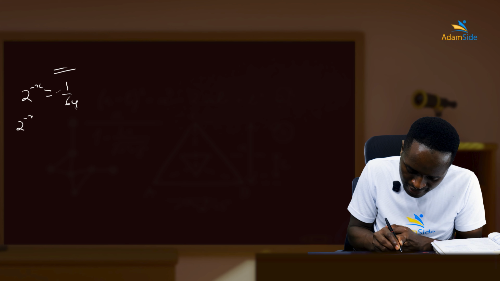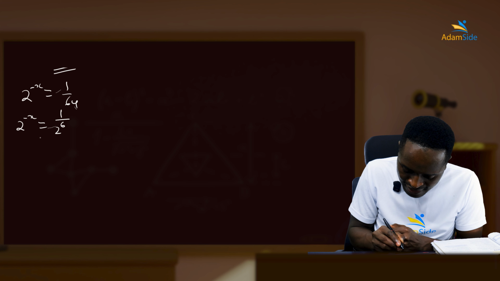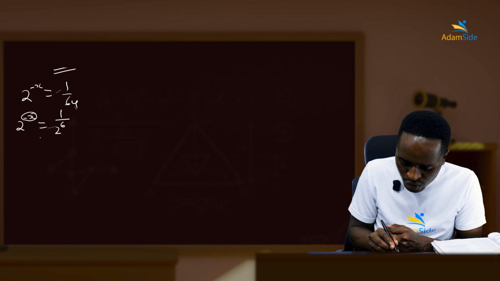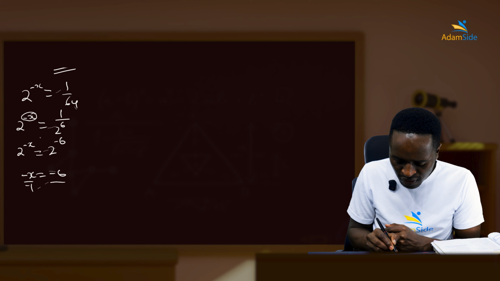So you have 2 power negative x is the same as 1 over 2 power 6. Then write it in the same term, because this is a number with a negative power, so also write this number with a negative power. So it will be 2 power negative x is the same as 2 power negative 6. Then, since the bases are the same, equate the exponents. So negative x is equal to negative 6. Divide by negative 1. So x is equal to 6.